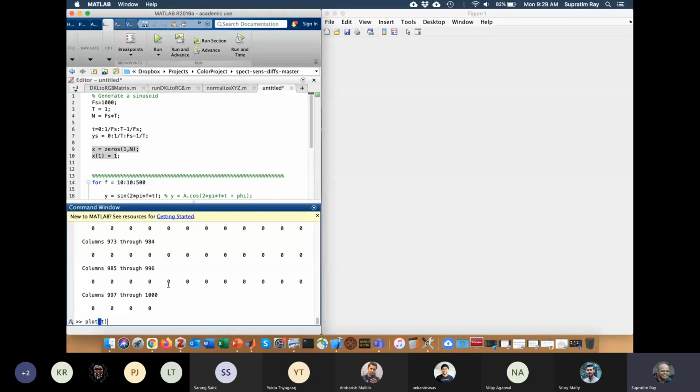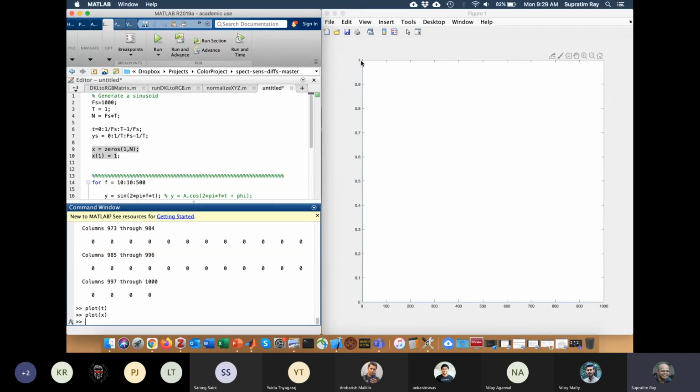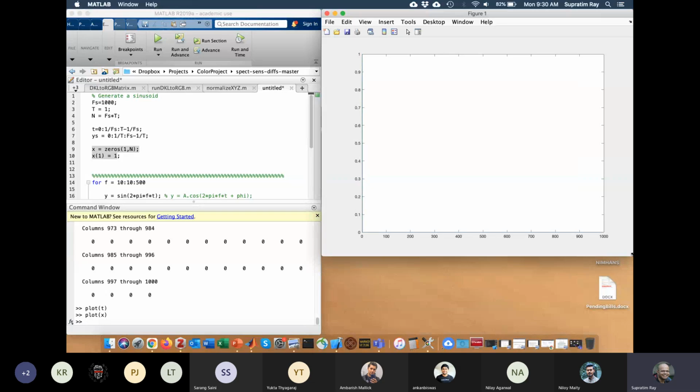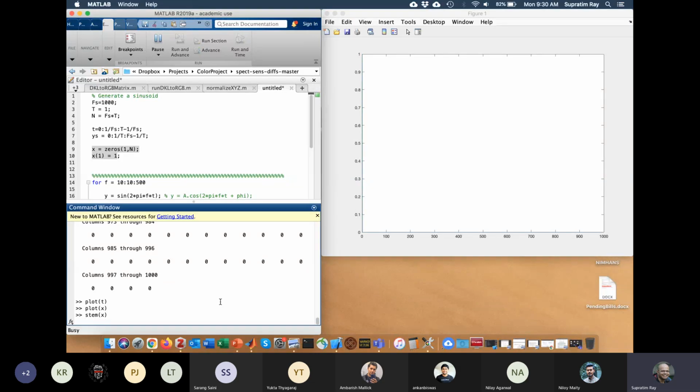If I plot x now, there's a 1 sitting at the first entry and then it's 0. So this is like a delta function. Let me just do stem x. So it's all zeros, but the first element is 1.